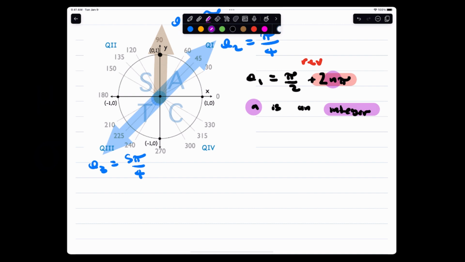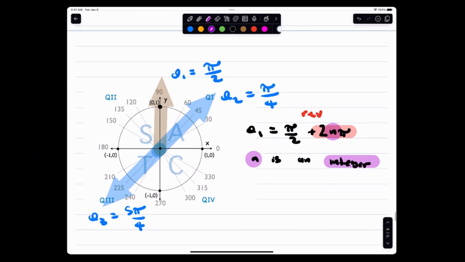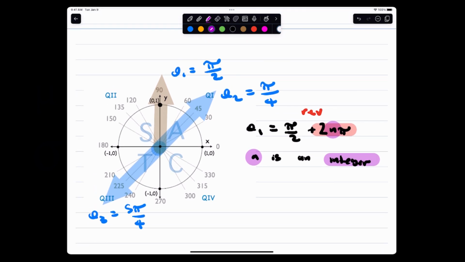Integer value. Yeah, we're going to see some of those details. But the idea is to have every coterminal solution.